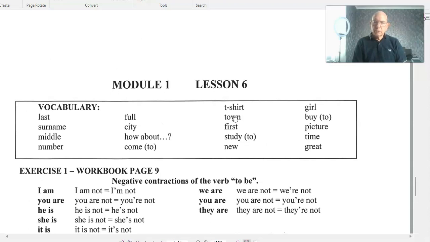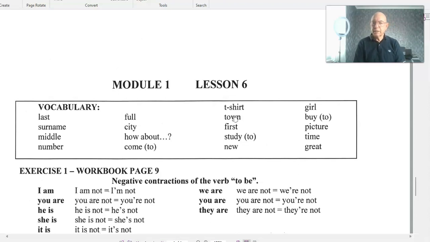Okay, going back to the second line, to buy, another verb. So we're gradually covering some often used verbs. So to buy, kupit, and in the next line another. Well, other verbs covered here.